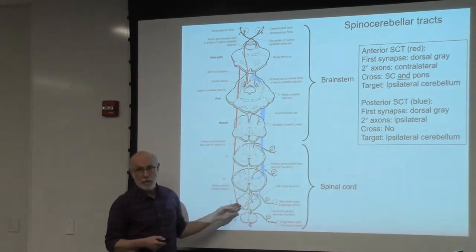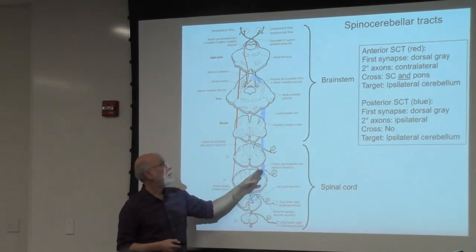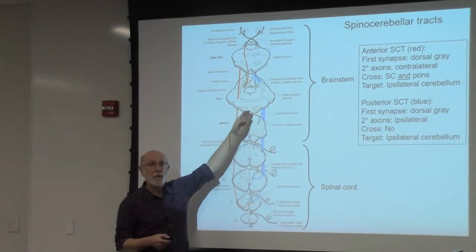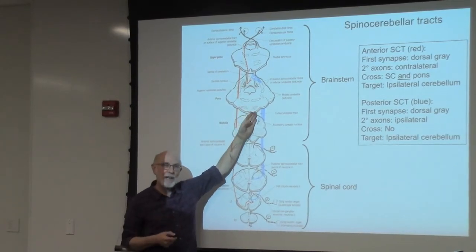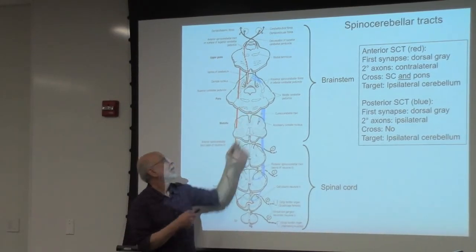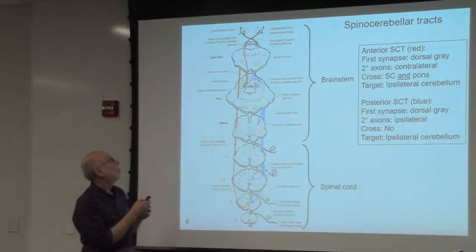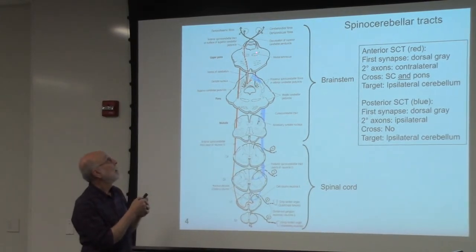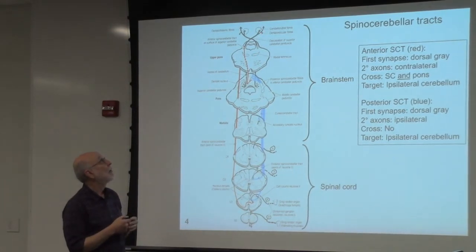They don't cross over, they go up the ipsilateral posterior spinocerebellar tract. They don't cross over, and the information ends up in the ipsilateral.